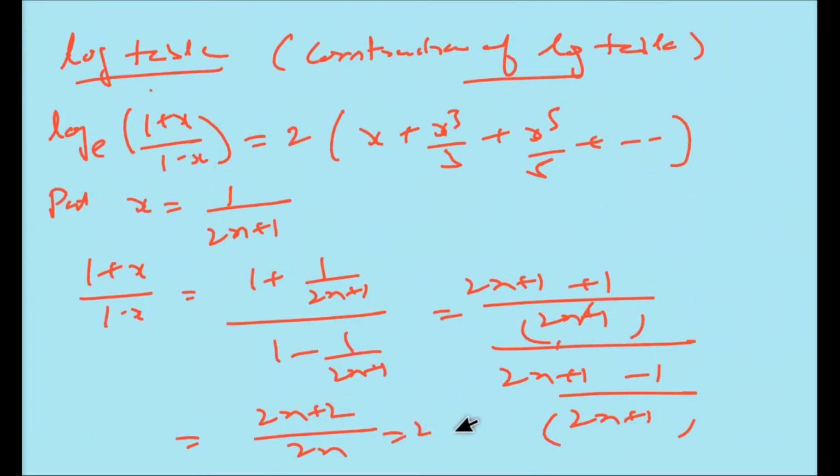Taking 2 common, (n plus 1) upon 2n, again 2 cancels, we get (n plus 1) upon n. Okay, so now we will put this value here and this value here.